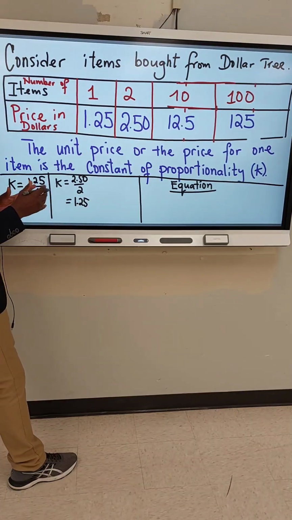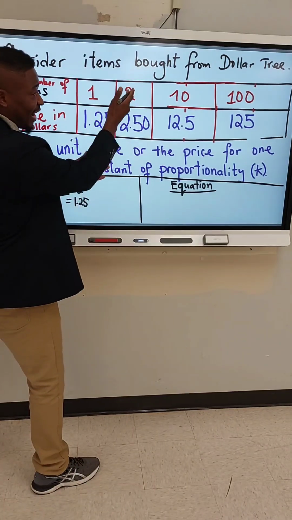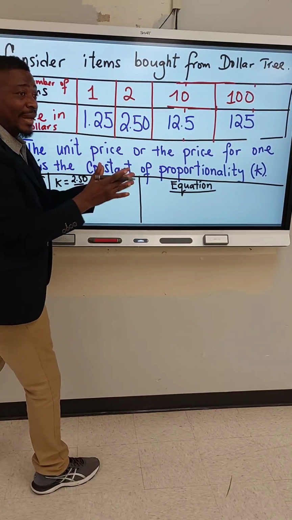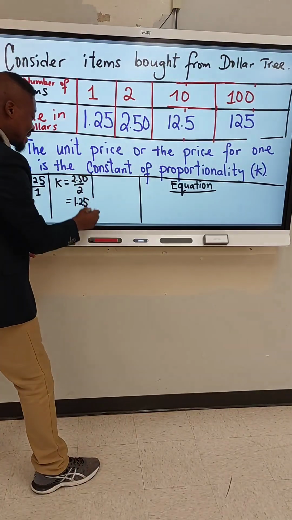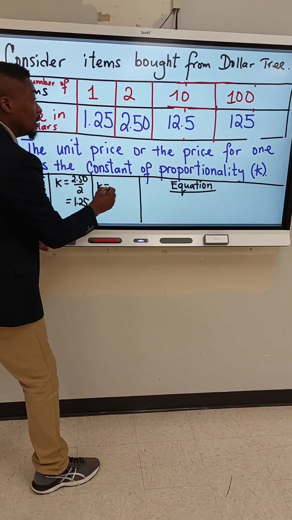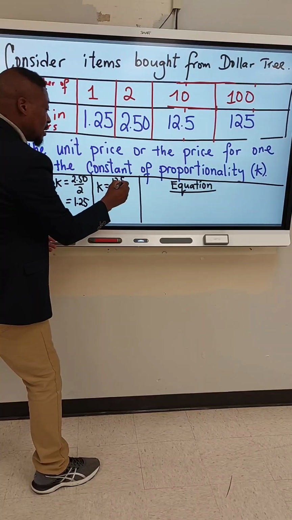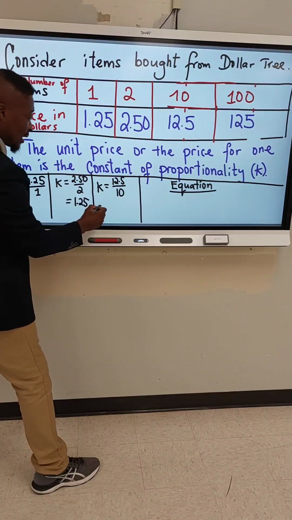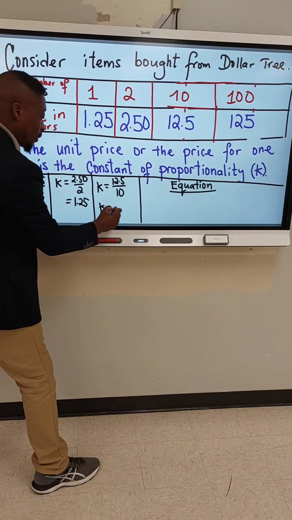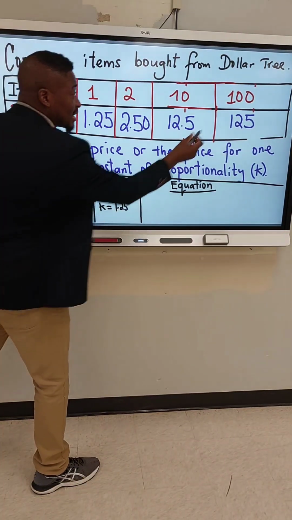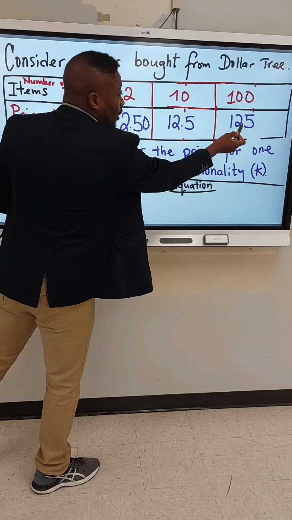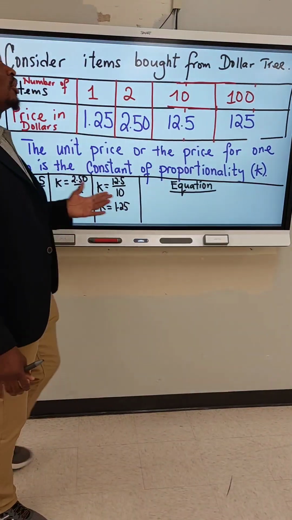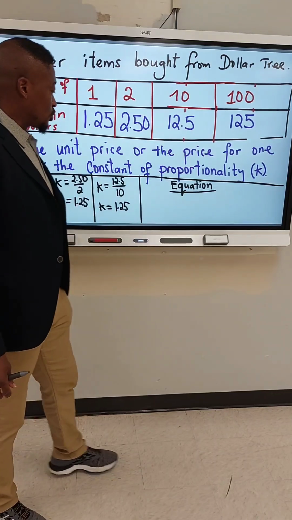So this table is proportional because every time we divide the price by the number of items, we get that constant number. Do we get the same number if we divide $12.50 by 10? Yes, we move that decimal place one place to the left, and we have K = $1.25. And the same thing here: 125 divided by 100 is 125 hundredths, which will be $1.25.